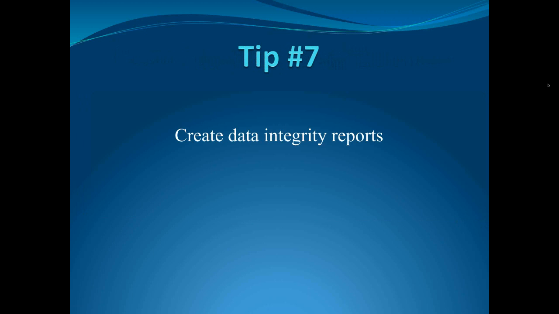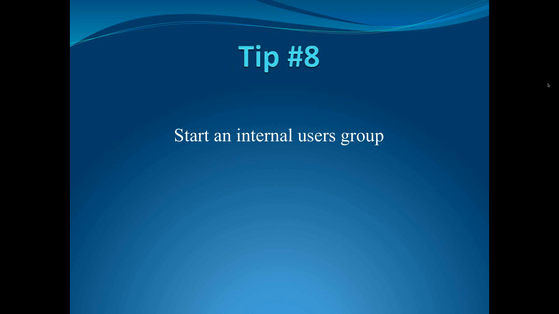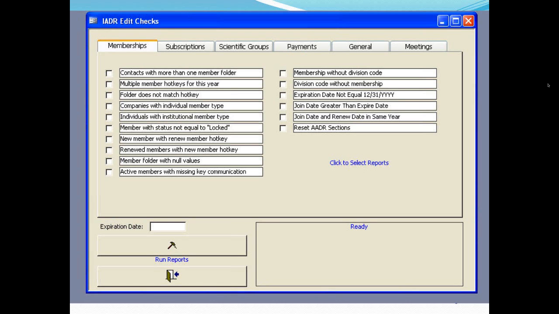Probably the cleanest database I ever saw was a client I had several years ago. This is actually just a simple Access database that they had. But they had developed literally about 50 of these data integrity reports that allowed them to check if there was odd data in there. For example, if you look in the second column here, the fourth one down, it says join date greater than expire date.